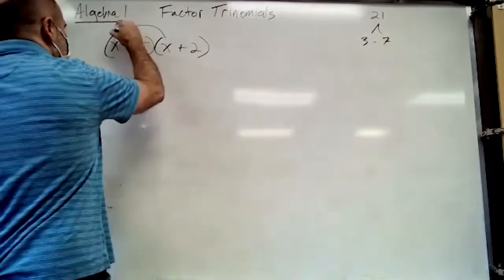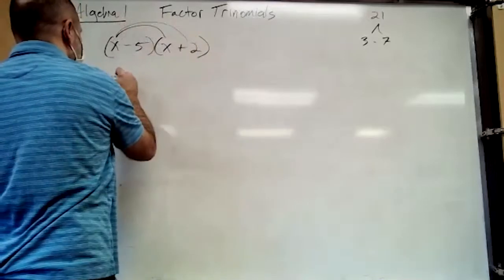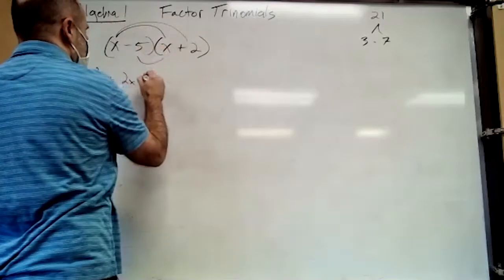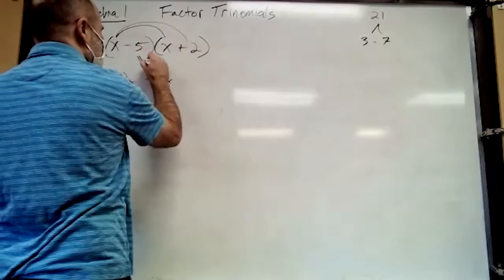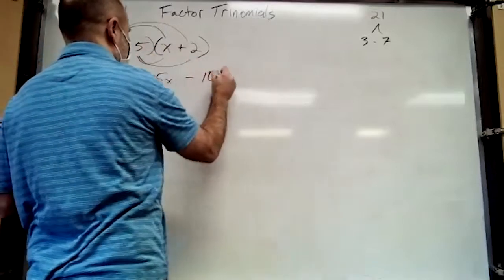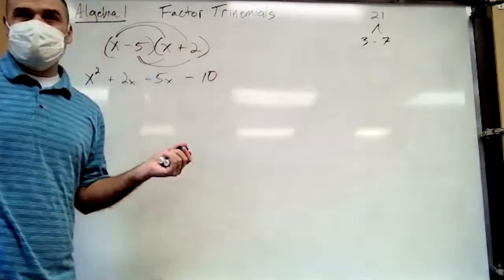And then you got your 2x. And then you got your negative 5x. And then you got your negative 10. Right? Okay. And then what ends up happening is these two combine. So you get that answer. So you get x squared minus 3x minus 10.